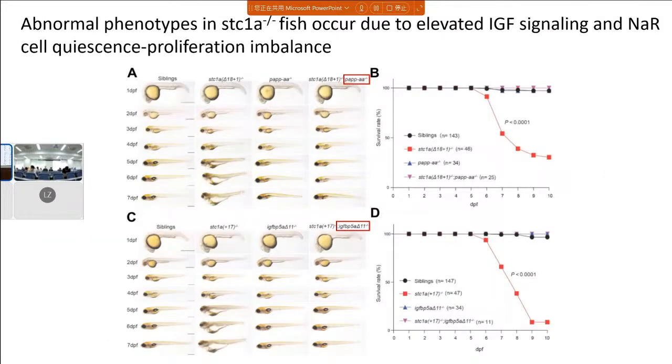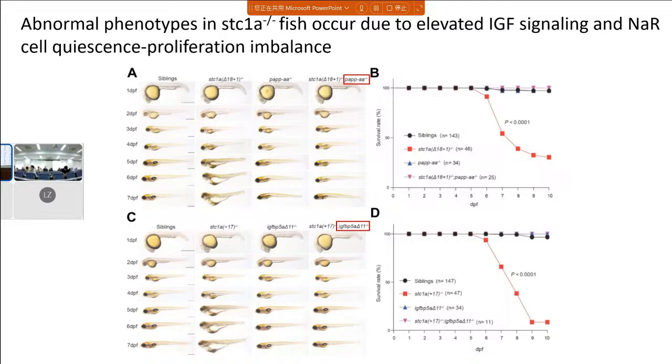So back to the phenotypes that we mentioned before. Cardiac edema, body swelling, and premature death appeared in STC1A knockdown fishes, which were unexpected to the authors.